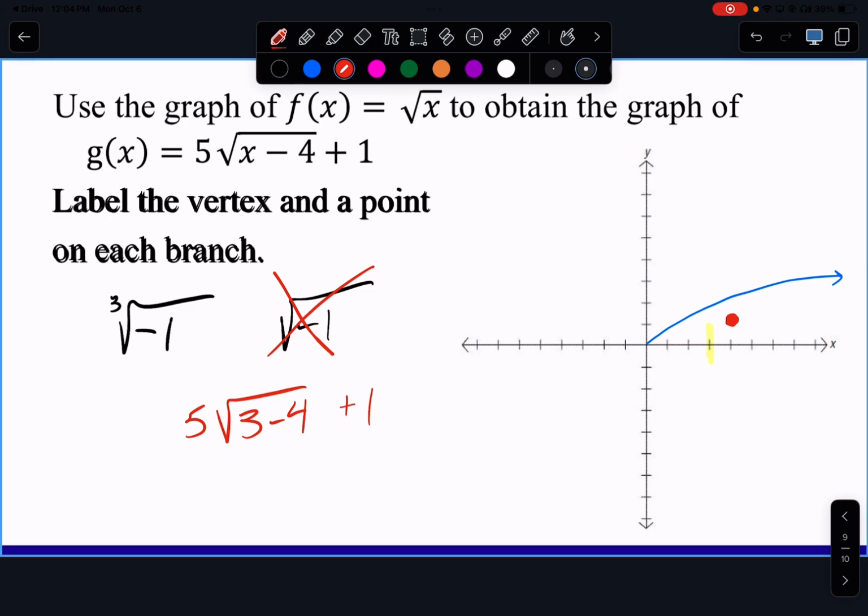Well, can I have negative 1 in there? I can't do that. Okay, so this goes back to Carson's question. This is the one where you cannot pick a number on each side of the vertex. If it's a square root function, we're just going to pick 2 on the right. So for this one, I would pick positive 5 and positive 6.